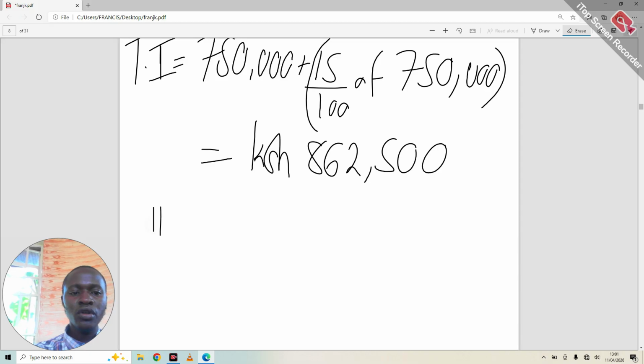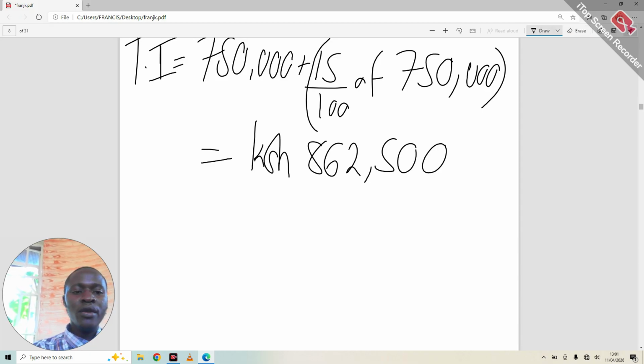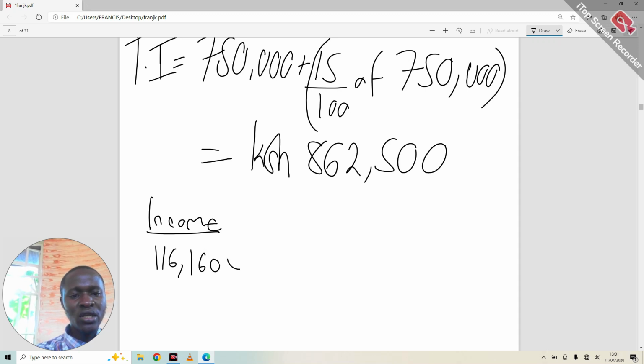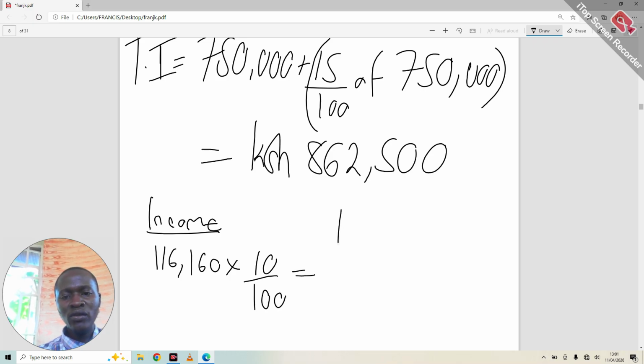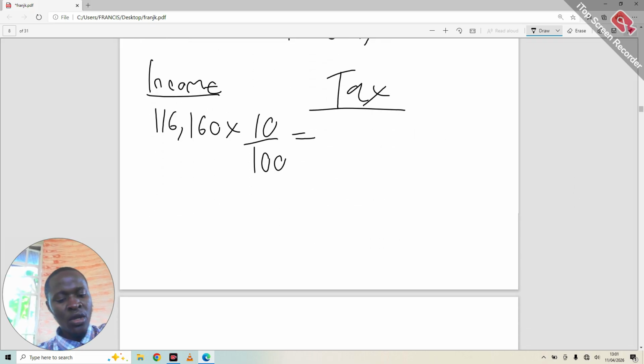So we have 116,160. You must indicate this part you are dealing with income, but it's not that necessary. So 116,160 multiplied by 10 all over 100. Whatever you get on this side will be our tax. So take 225,600 minus 116,160.